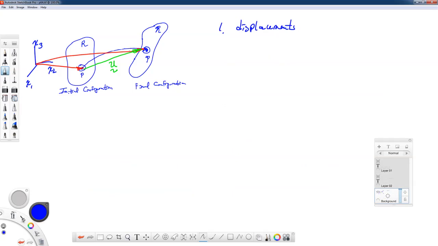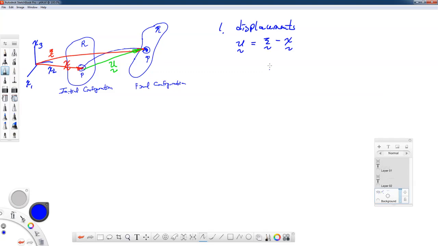So let's talk a little bit about displacements. So we mentioned how we can position the original body, and we can call that vector x from the origin of the system to that point, and we can position the final body, some point in it, with the vector xi. The displacement then, the displacement vector for that point, will be u. It's going to be the final minus the initial vector.